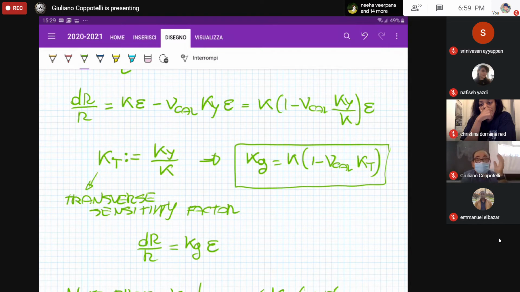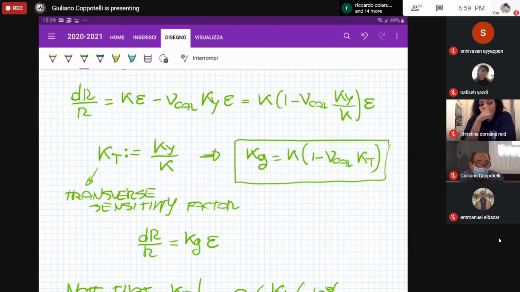Remember, you have to check this when you are bonding your strain gauge to the surface of the test material, the test specimen. So this Kg depends also on the material that you are using to give the information of the transfer sensitivity.